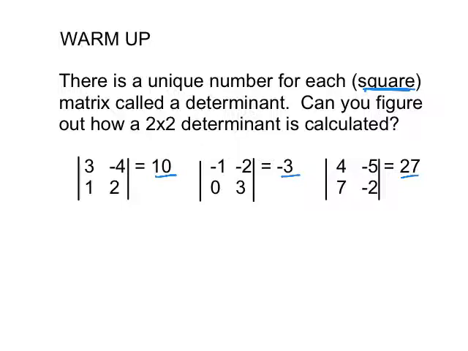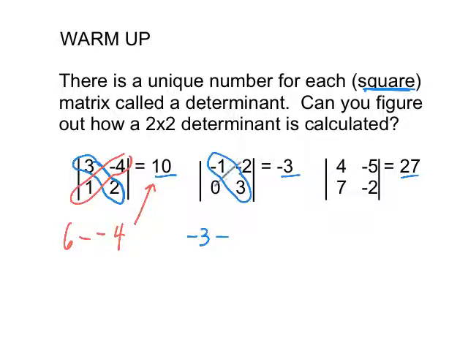The key is you multiply the first diagonal and then you subtract the second diagonal. So 3 times 2 is 6 minus -4, and bingo, you get 10. Let's look at the next one. The down diagonal product is -3 minus the up diagonal, which in this case is 0, and there's -3.